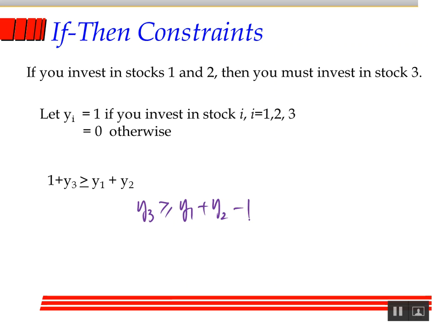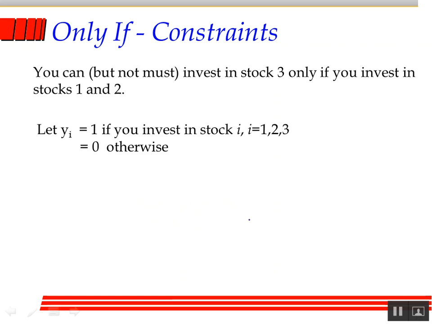So if y1 equals 0 and y2 equals 0, that means you don't invest in stock 1 or 2, then the right hand side is minus 1, and y3 larger than or equal to minus 1 is redundant, right? But anyway, this constraint captures what we want, the if-then.